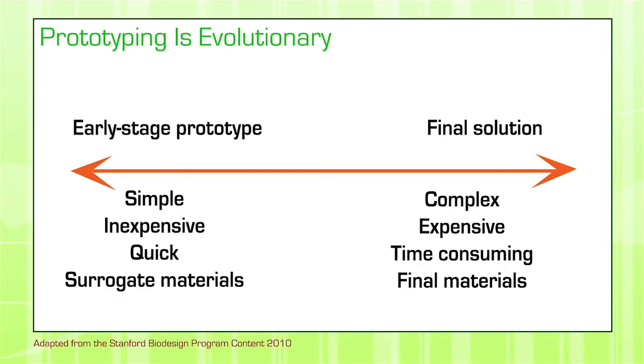It's very important for you to keep these four things in mind when you do your early stage prototyping, because you're going to be compelled to create more complex final types of solutions, and this is not the stage for that. That's going to come later, but at the very beginning, please try to do early stage prototypes that are simple, inexpensive, quick, and use surrogate materials.